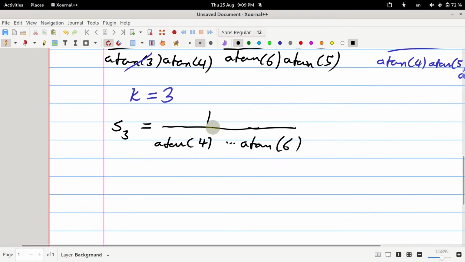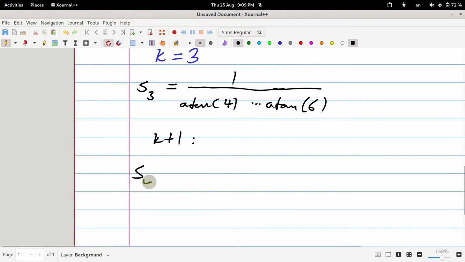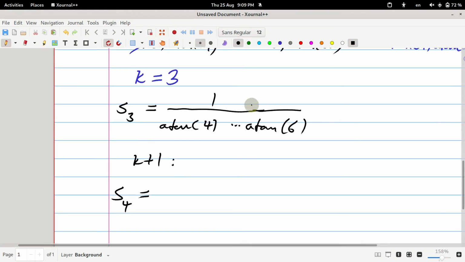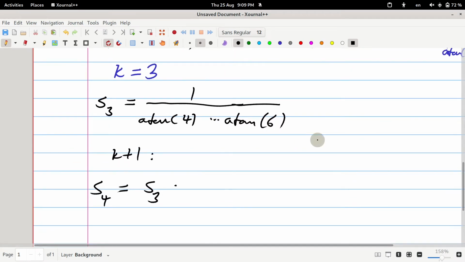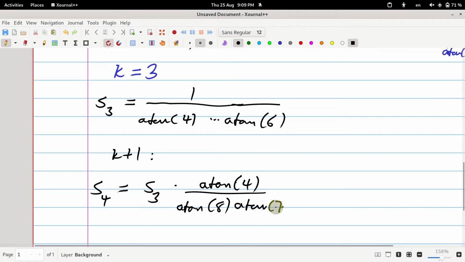Okay. Now let's look at the number after 3. So now we add 1, k plus 1, 4. So S4 is going to be equal to S3 before it, multiplied by a tan 4 over a tan 8 and a tan 7.